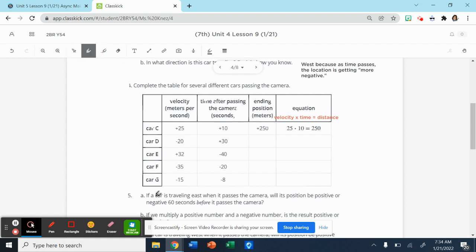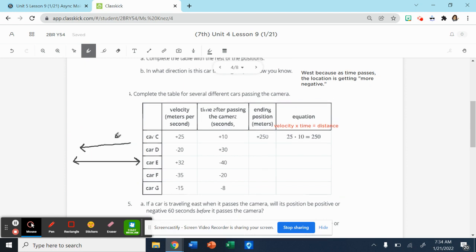You should have given 4 a try on your own. I want to talk about car G. Car G has a velocity of negative 15 meters per second. And so if you imagine that number line from east to west, we know that car G is moving west, right? And we know that the car is moving west because it's moving in the negative direction.